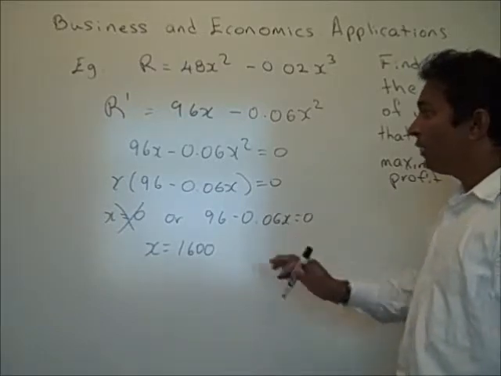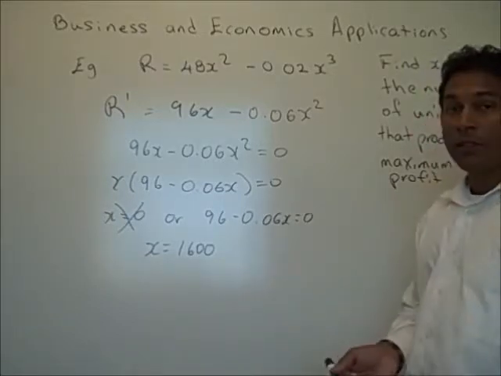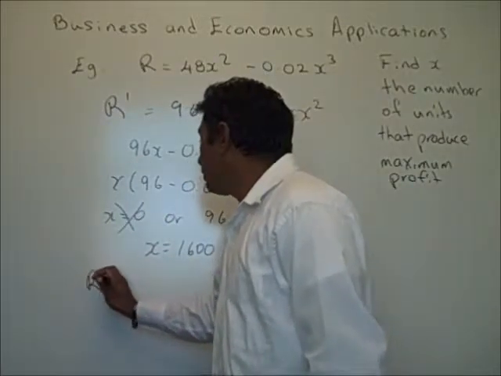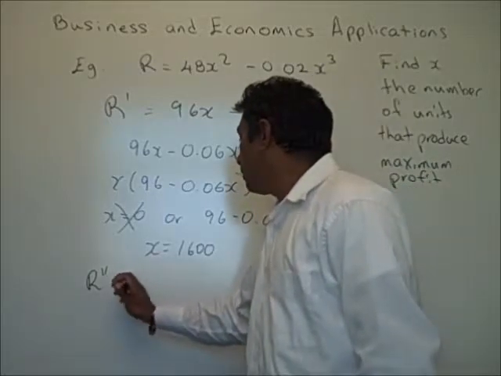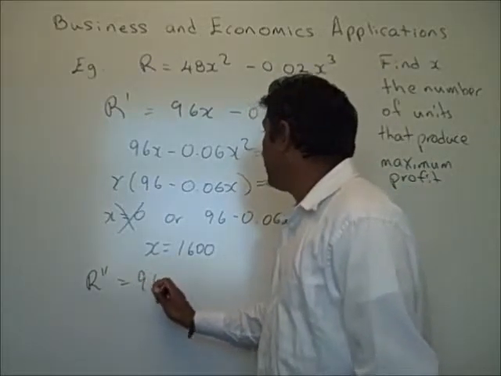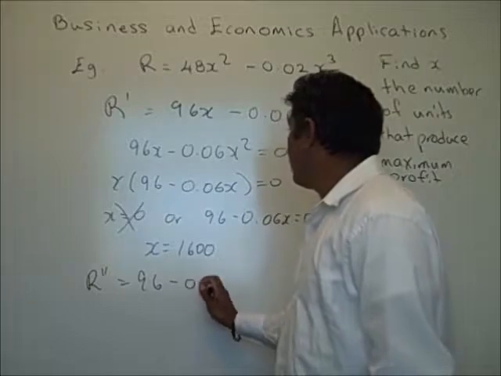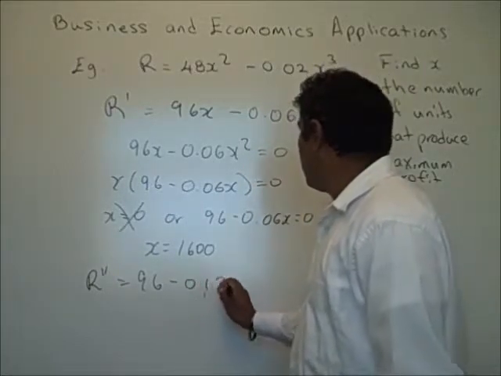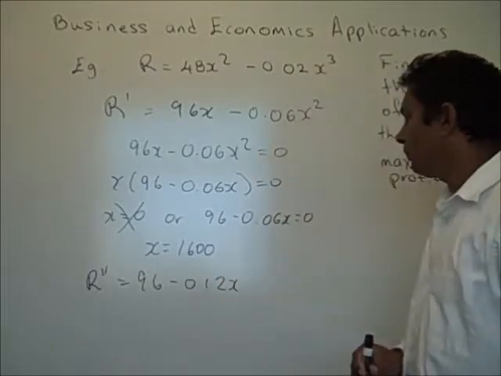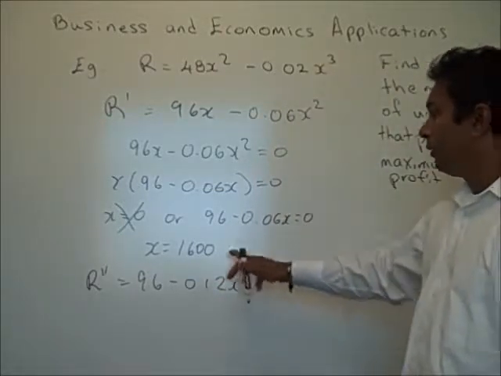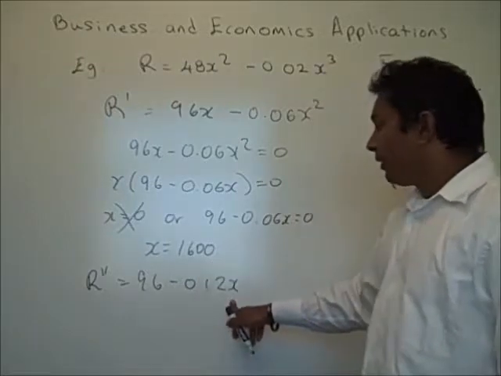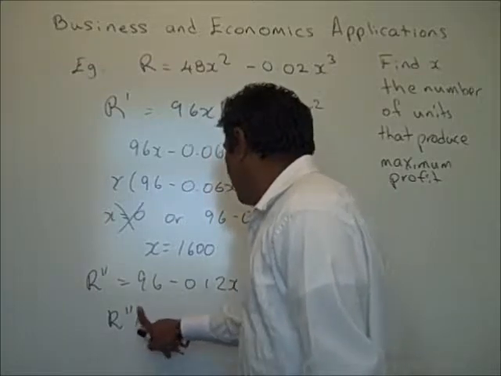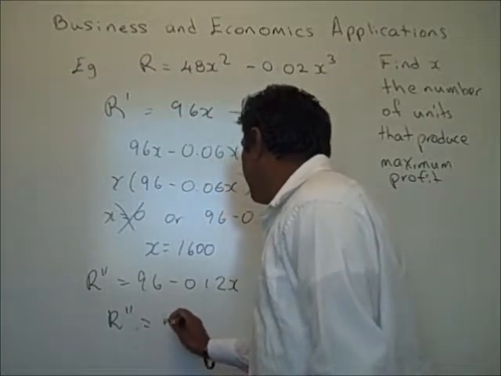We can prove that this is true by also taking our second derivative. Our second derivative, r double prime, would be equal to 96 minus 0.12x. Now if we substitute 1600 for x into this, r double prime would be equal to a negative number.